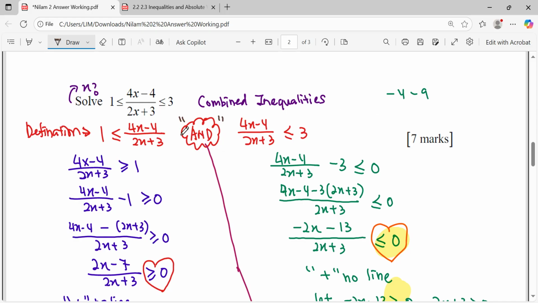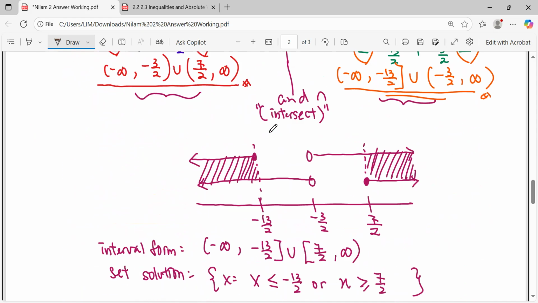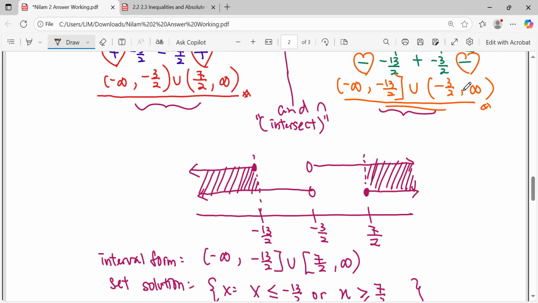Alright, so this is the function of why we need to write this 'and', to indicate that afterward the two answers here need to be combined back by intersection.